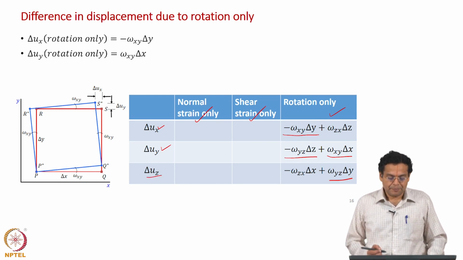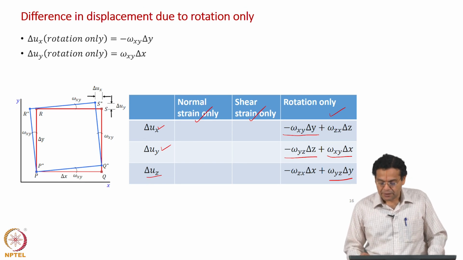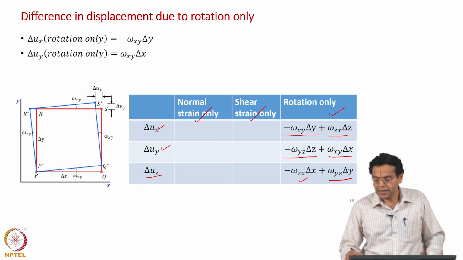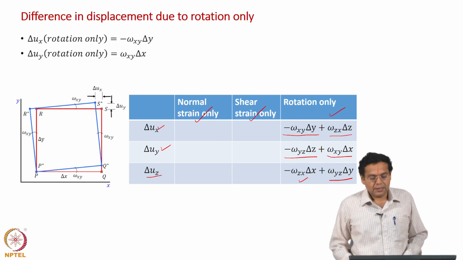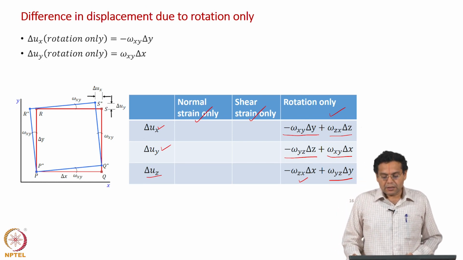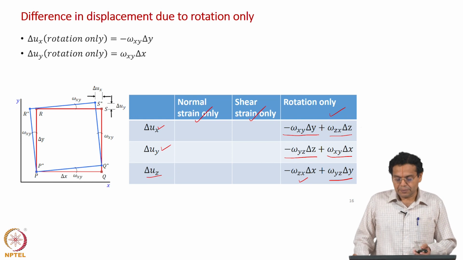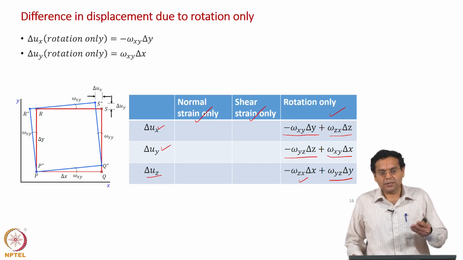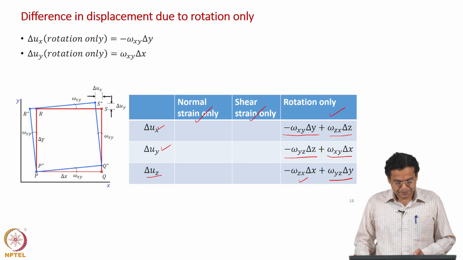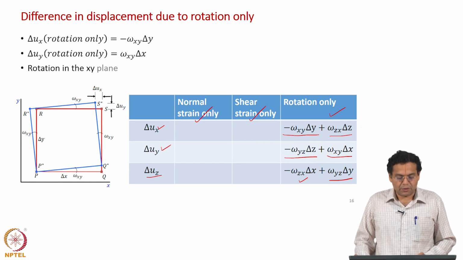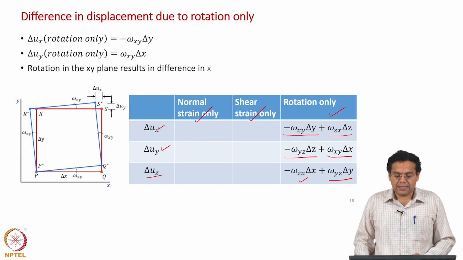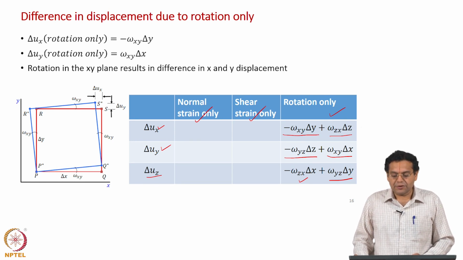Now, consider rotation in the zx plane, that will contribute to z displacement, will also contribute to x displacement. So, now we have filled the last column also, based on rotation in the xy, yz and zx planes. Okay. So, rotation in the xy plane results in difference in the x and y displacement.